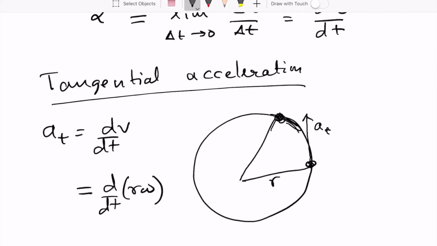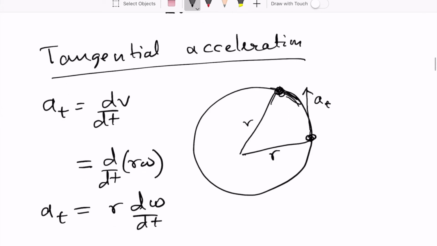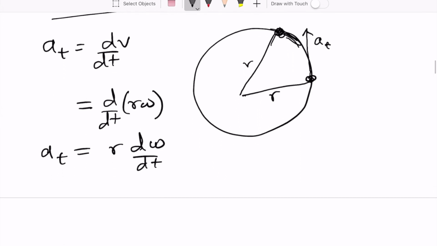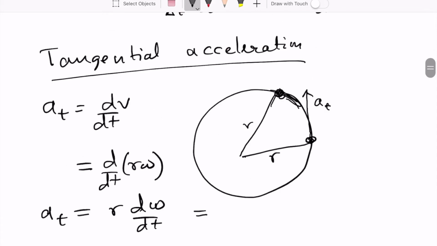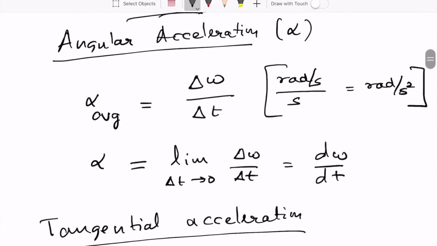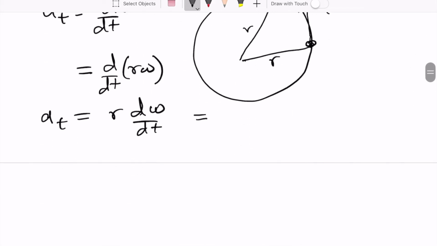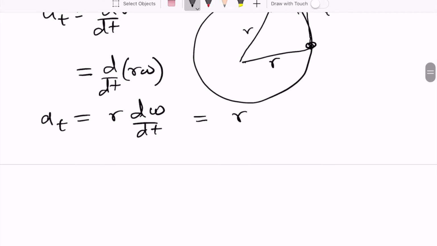R for a circle is constant, so you can pull that out of the derivative. So it's r times d omega/dt. That's our tangential acceleration. And d omega/dt is just alpha, as we saw a moment ago. You can plug that in. So a tangential is equal to r times alpha, right?